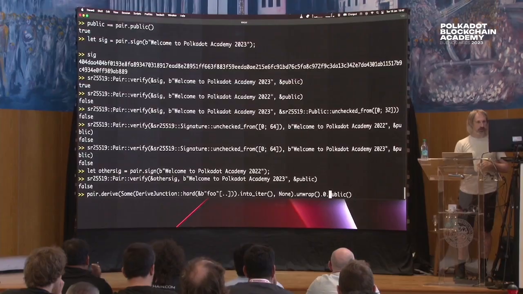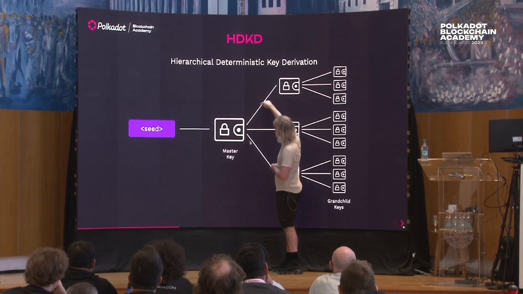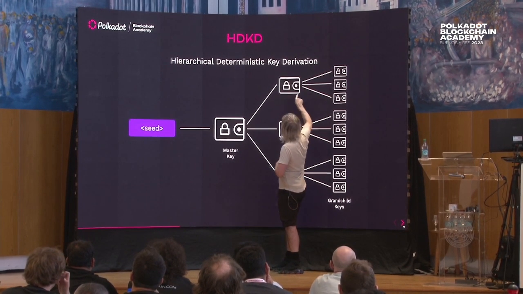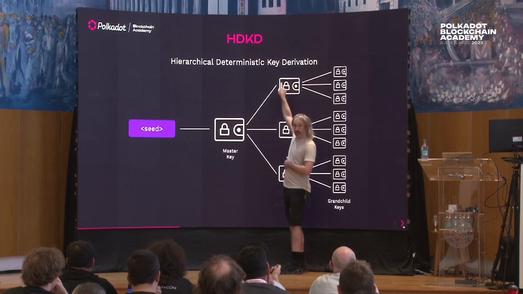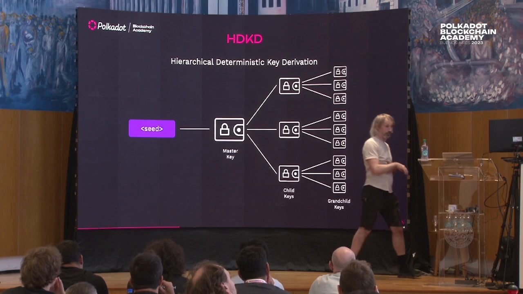Look at the pair that comes out, which is the 0, and then we're looking at the public key of the pair. If we do this, essentially, if we imagine this line is labeled foo, it will tell us what the public key of this identity, of this key pair, is. Yeah, that's what that line does.